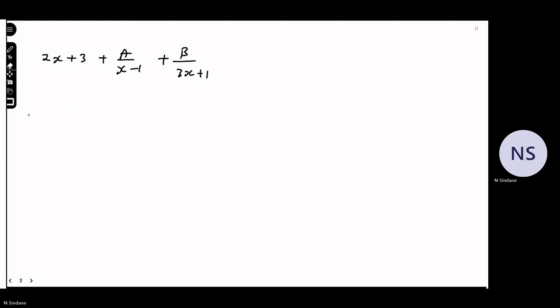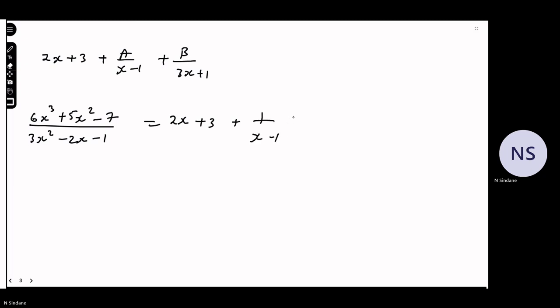In total, 6x cubed plus 5x squared minus 7 over 3x squared minus 2x minus 1 equals 2x plus 3 plus 1 over x minus 1 plus 5 over 3x plus 1. That is how you could have easily decomposed that into partial fractions.